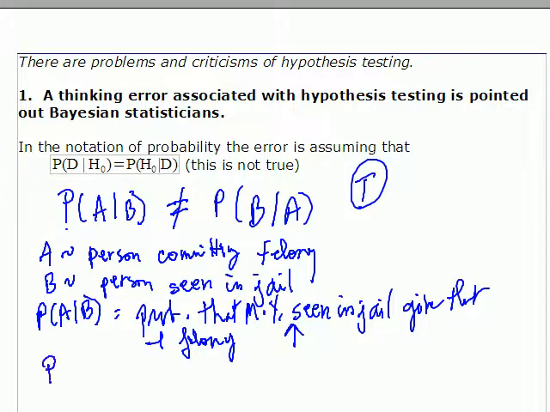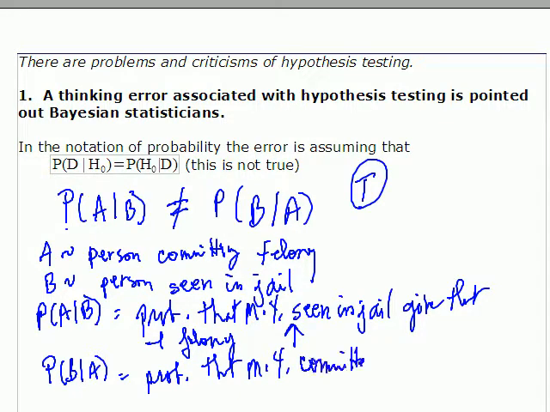What does this mean? This is the probability, again, the P stands for probability, that I committed a felony, okay, given that I was spotted in jail.